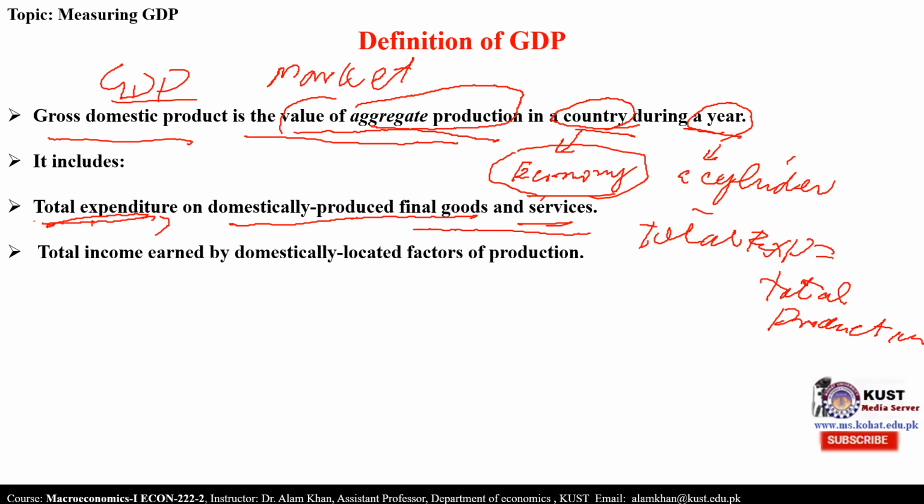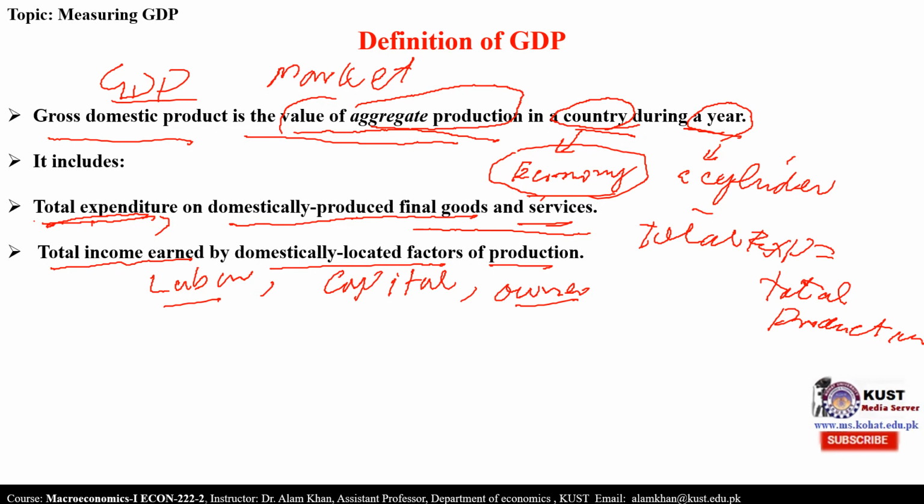In the other way, we can define the GDP by the total income earned by domestically located factors of production. It means whatever the resources are, for example labor, capital, and the owner of the business.